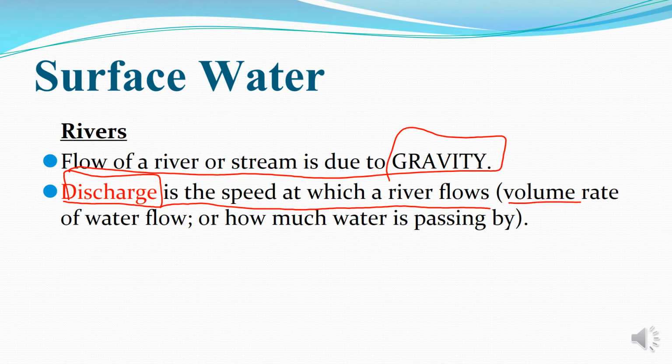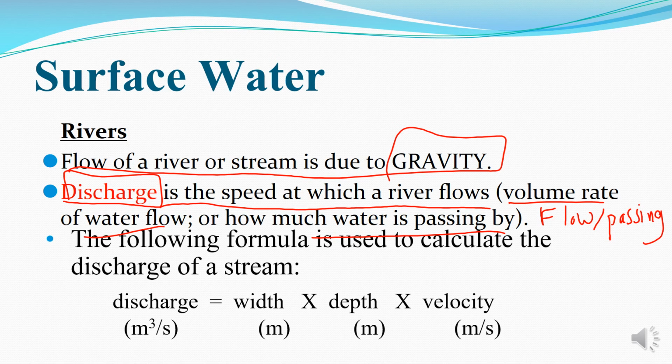It is the volume of the flow, how much is passing by. So the formula here is discharge in meters cubed per second: width times depth times velocity.